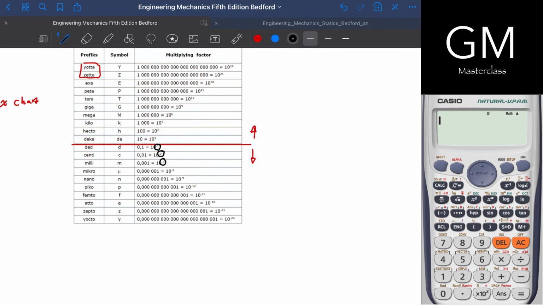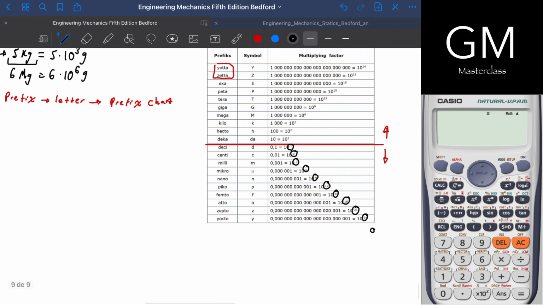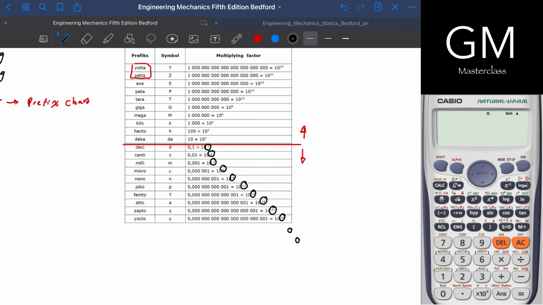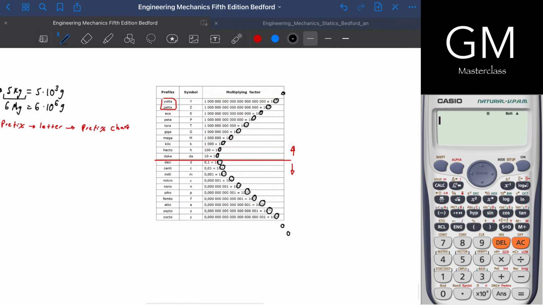So minus 6, minus 9, minus 12, minus 15, minus 18, minus 21, minus 24, etc. And on the upper side of the chart the same thing happens: 1, 2, 3, and starting from that point, 6, 9, 12, 15, 18, 21, 24, etc. This is the way I've memorized it.